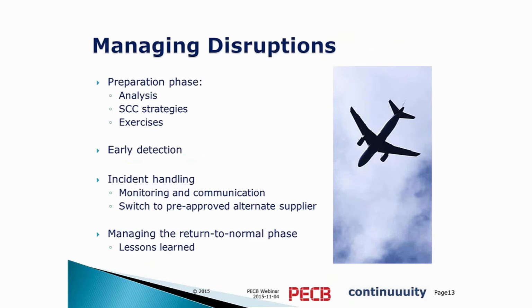Typically, we have to find out if something is brewing up and something is going on. So we need early detection. If nobody tells us, or we do not find out that the supplier has a problem, then we will lose precious time, and this will cost us response time.